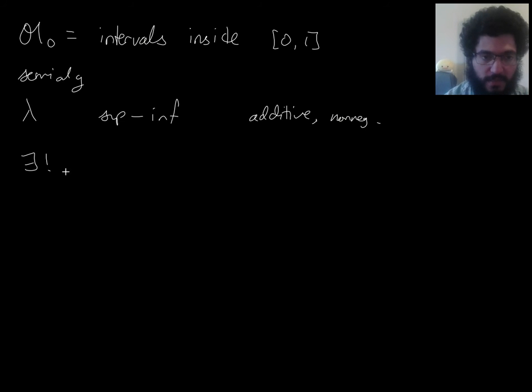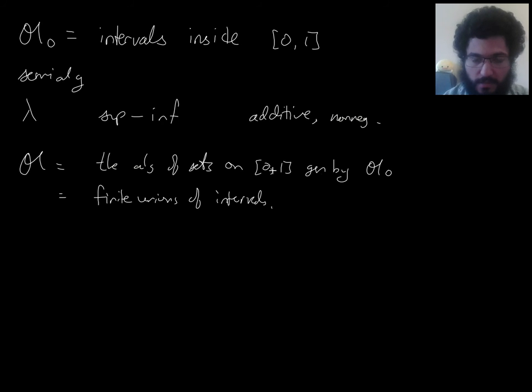So there's a unique extension lambda bar extending lambda. Sorry, let me say that in a better order. First, let A be the algebra of sets on the interval 0, 1 generated by the semi-algebra up here, also known as the collection of finite unions of intervals, also known as the collection of elementary sets, I think is what we called it.